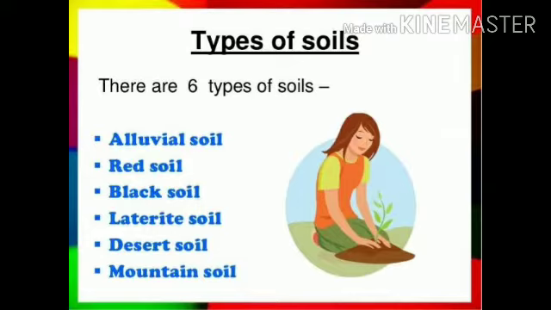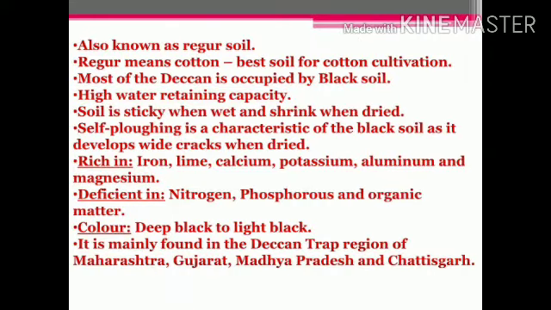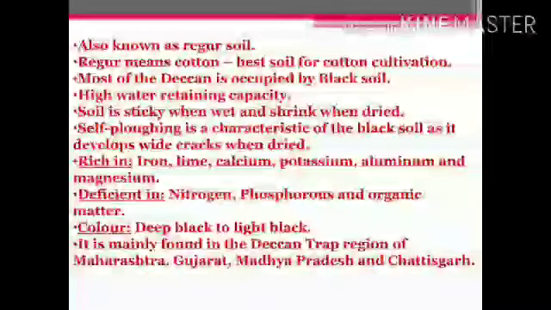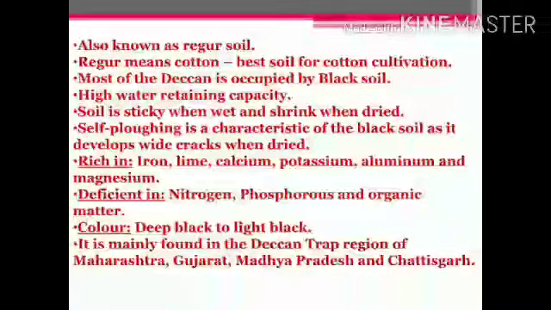There are six types of soil: alluvial soil, red soil, black soil, laterite soil, desert soil and forest soil. Black soil is also known as regur soil. Regur means cotton, the best soil for cotton cultivation. Most of the Deccan is occupied by black soil. It has high water retaining capacity; the soil is sticky when wet and shrinks when dry.